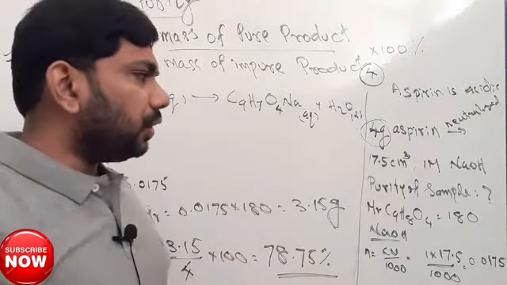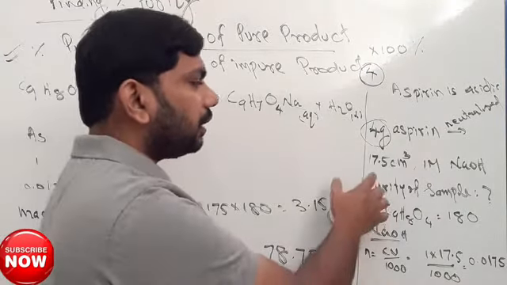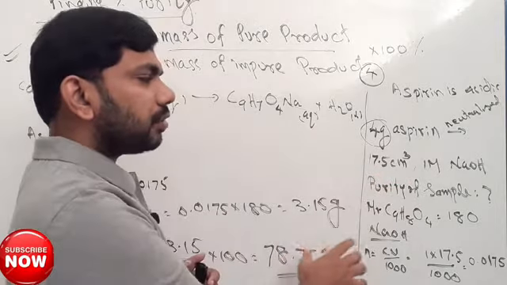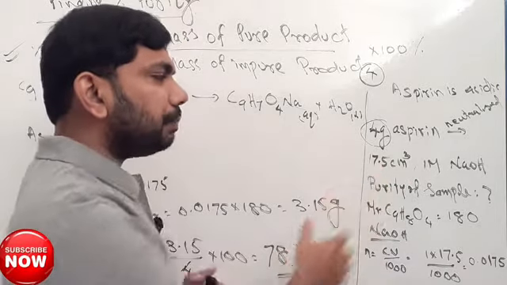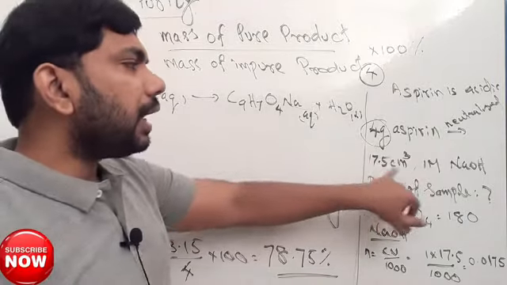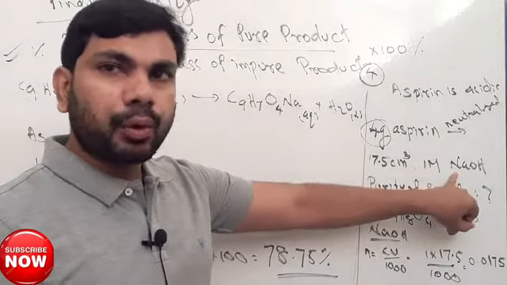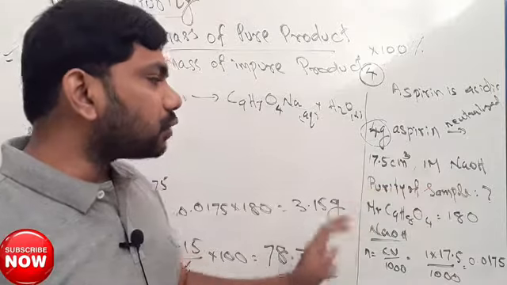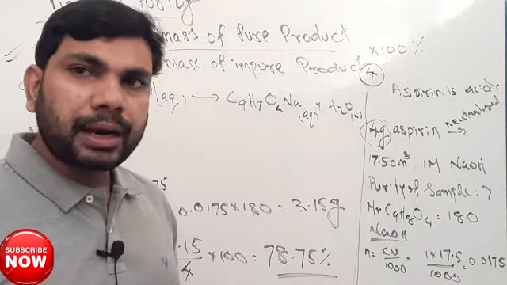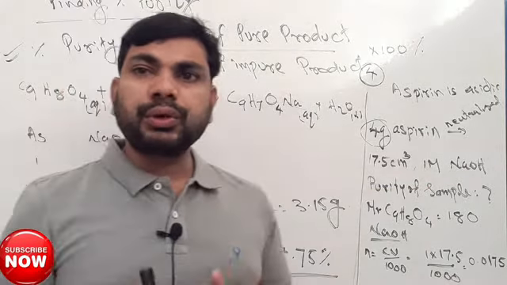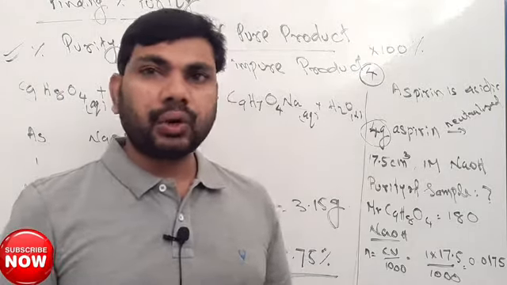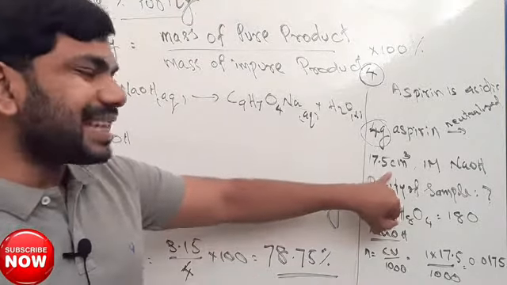We can find the number of moles of sodium hydroxide. We are given sodium hydroxide, its volume 17.5 centimeter cube and concentration 1 molar. So how to find the number of moles of sodium hydroxide? Number of moles is CV. Here the volume is given in centimeter cube.